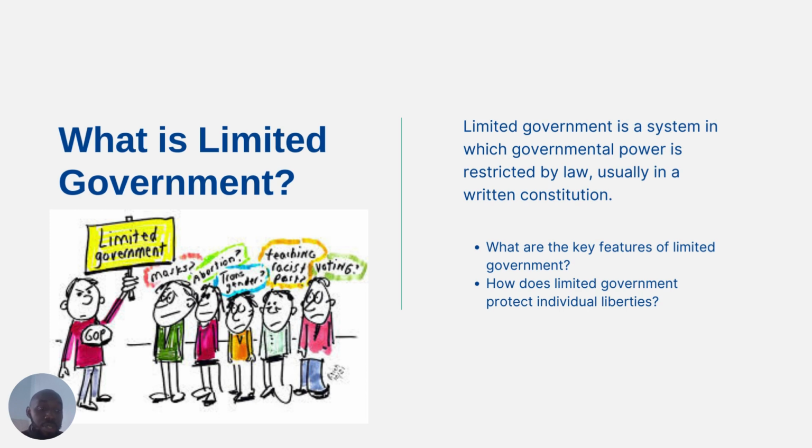There have been people coming out to go against the decisions that certain government officials or certain governments are taking. And so, having a limited government serves as a safeguard against such abuses of power, and ensures that individuals retain their inherent liberties, even in the face of government action.